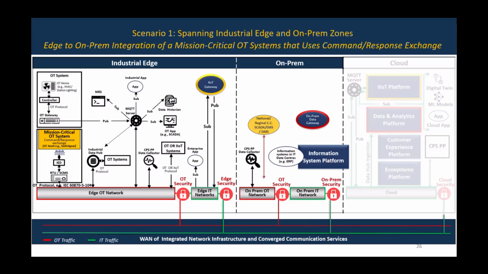And meanwhile, you have at the on-premises zone a national or regional control center that includes a SCADA system, which is connected to its OT network as well and using the same protocol. And here is how the control and real-time monitoring data are exchanged between the SCADA system and the field equipment.